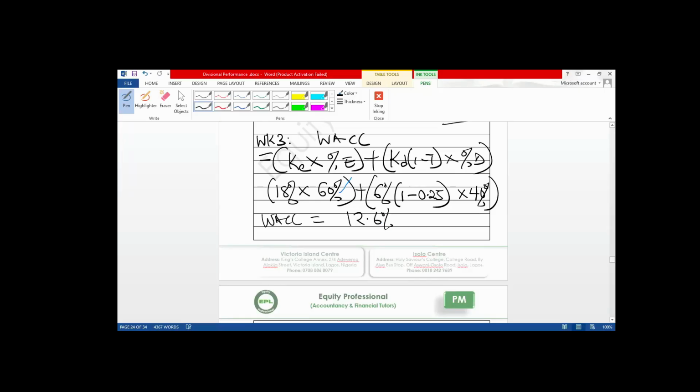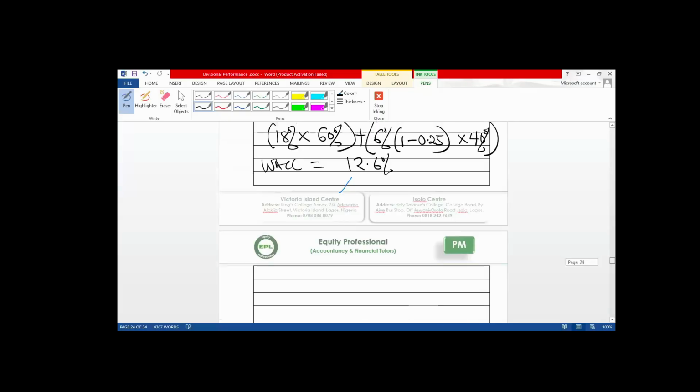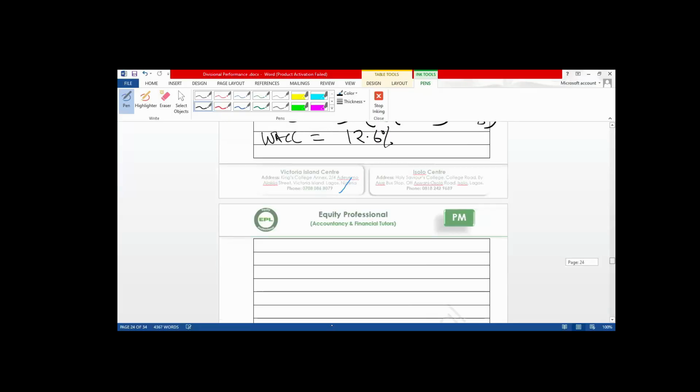You can calculate EVA, now you can go to sleep. EVA is equal to NOPAT. Our NOPAT is 41.2 million minus bracket adjusted capital employed, 522.3, multiplied by the cost of capital, 12.6%.